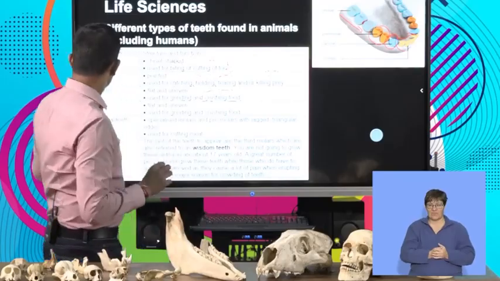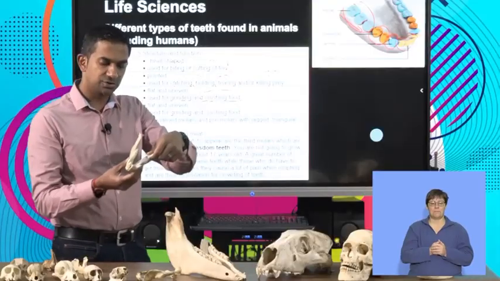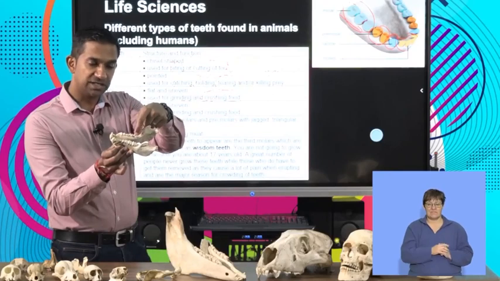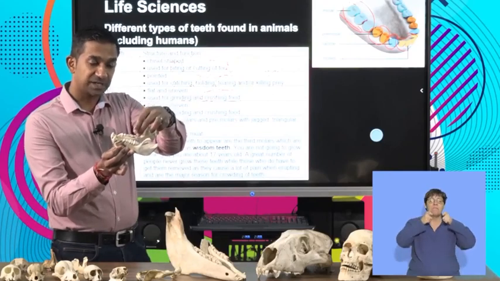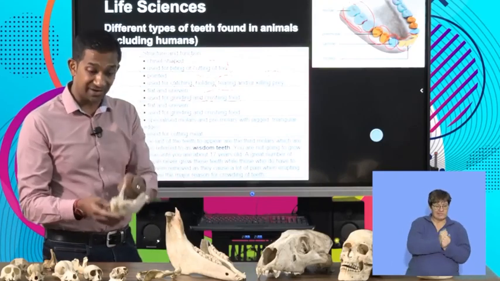Okay. The next set of teeth are the molars, and we see them right here. These are the larger developed teeth towards the back of the jaw. If we look at this lower jaw of a baboon, you can see that these molars are situated towards the back, large, well developed for crushing and grinding.